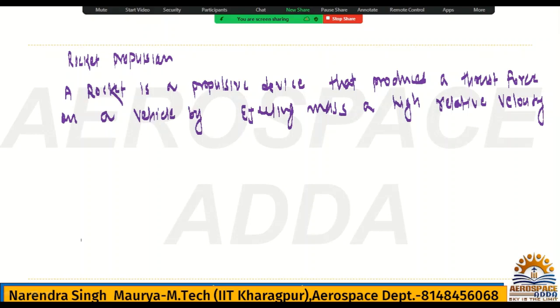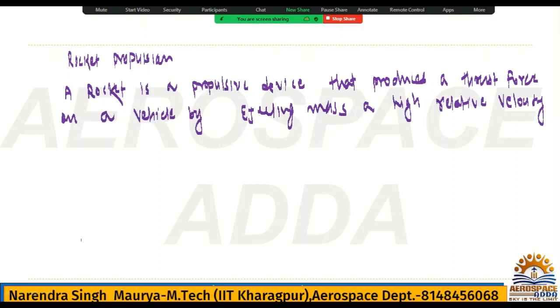That is one thing. Second, for rocket propulsion, they are not taking air from the atmosphere. That's the reason it is called non-air breathing. So they are not taking air from the atmosphere, they are carrying it. The reason is simple: once you go for a space mission, that is when your rocket propulsion system will be useful.